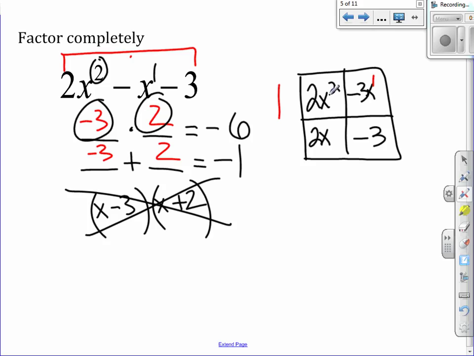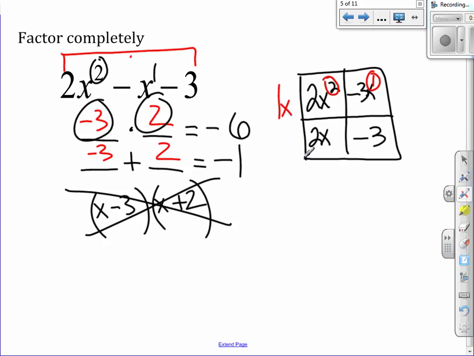I'm looking at the exponent now. 2 factors of X here, 1 factor of X there. We go with the smaller exponent. We can take out a single X, X to the first. I'm not going to write the 1 in just because it's not needed. We don't have to, but we could if we wanted to.